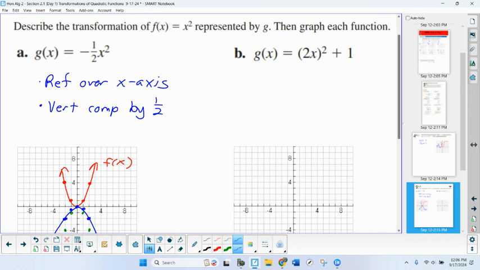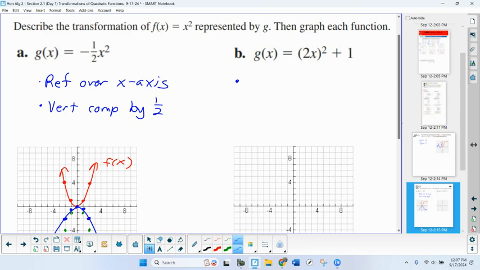Let's look at example B without calculators. Okay, what are we going to do? Jack, what is happening here when you have a 2 on the inside? Careful, is it outside with the x squared or is it inside with just the x?